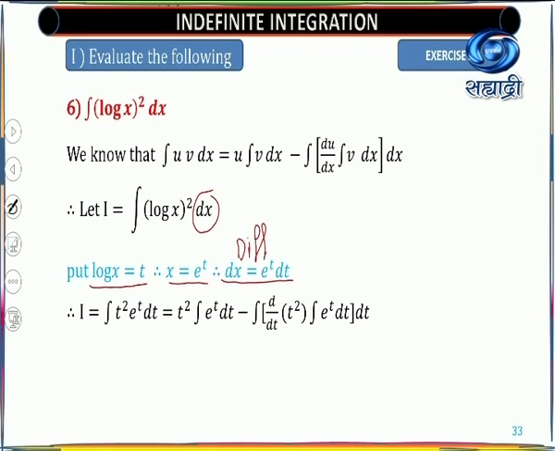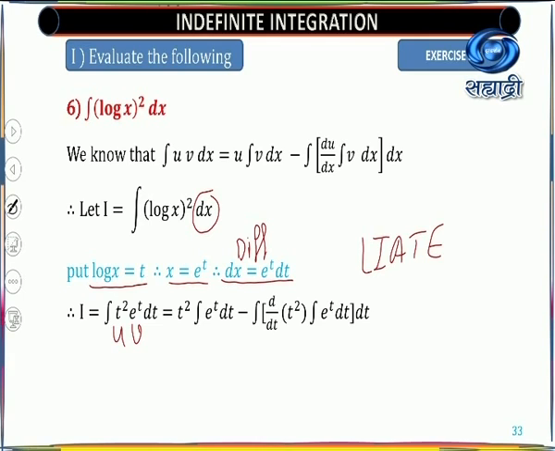Now this is in the form of proper u into v form. So you take v as the exponential function, and this one is u. As usual, your rule is LIATE. Exponential function is the last one, so you will take v as the exponential function.